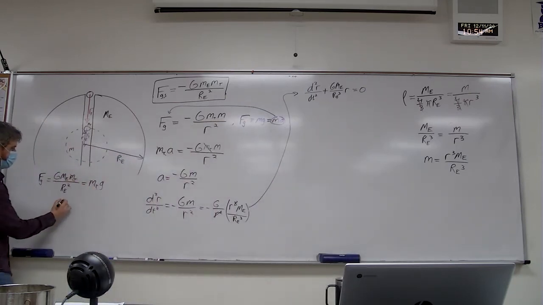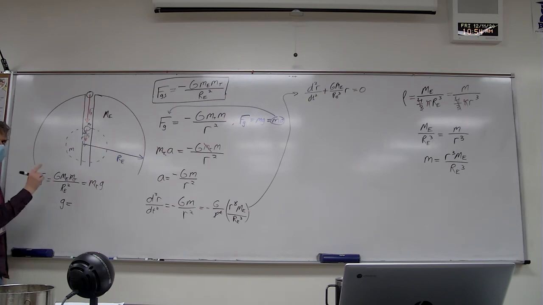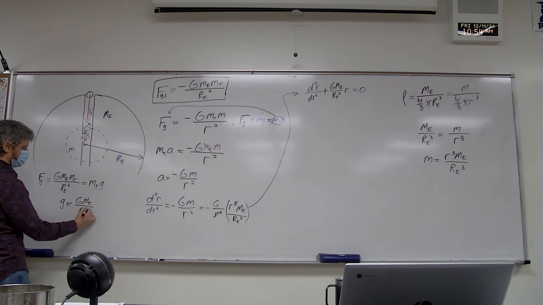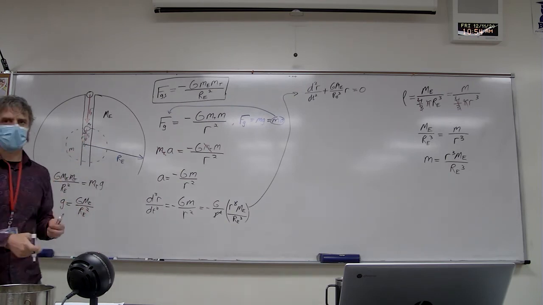You might be asking why I'm doing this, but look over there and you might see why. Little g, the acceleration due to gravity at the surface of the Earth, which is a constant, is equal to big G times the mass of the Earth over the radius of the Earth squared. It's just a way to further simplify our differential equation.